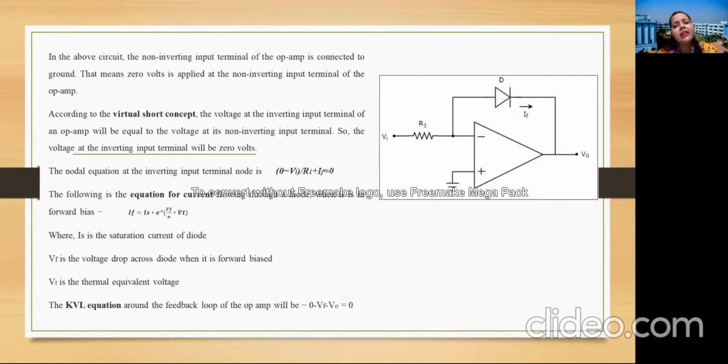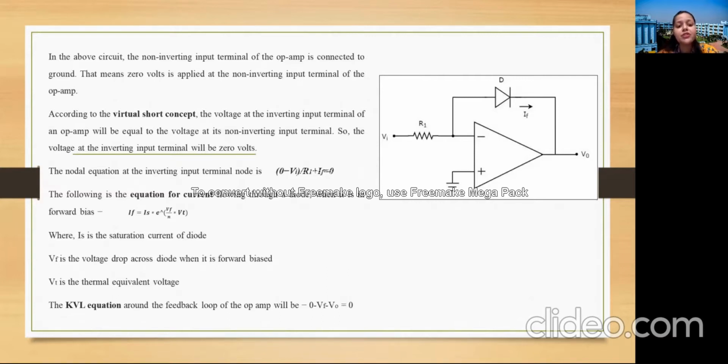In basic electronics, we have already studied the diode and the forward current equation of a diode. The forward bias current for a diode can be written as If equals Is into e to the power Vf divided by N into Vt. Now what is Is? Is is the saturation current of the diode. For a particular diode, there will be a rated saturation current that is denoted by Is, which we can get from the rated value of the diode.